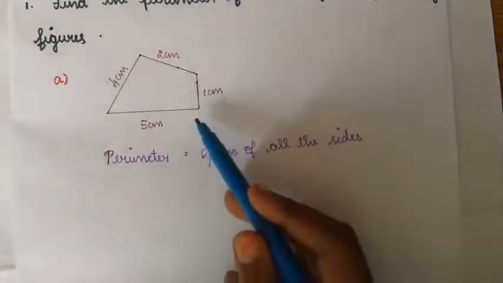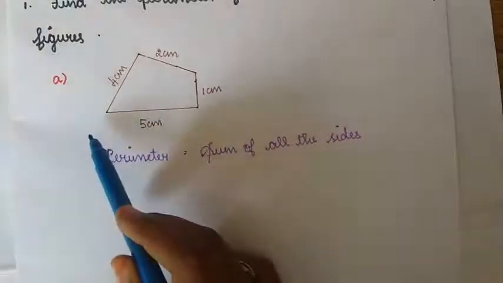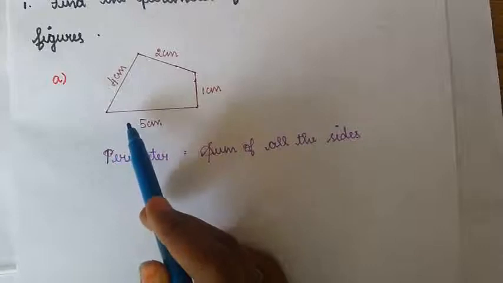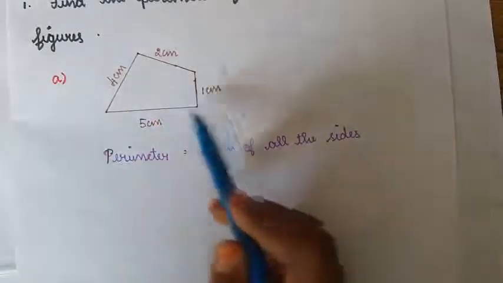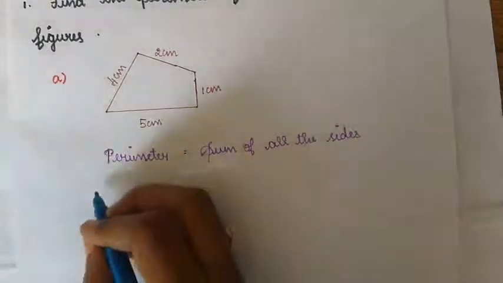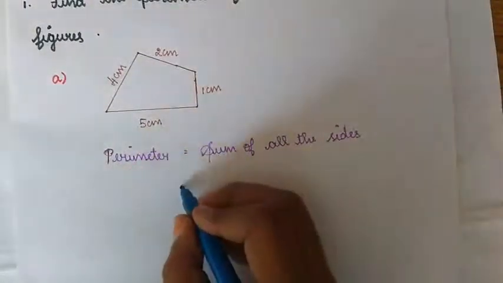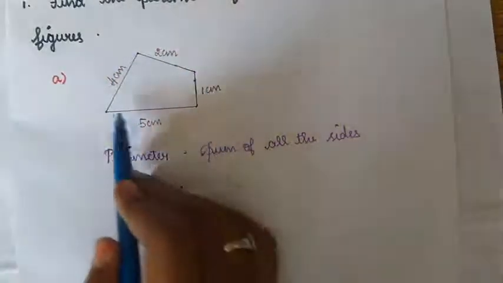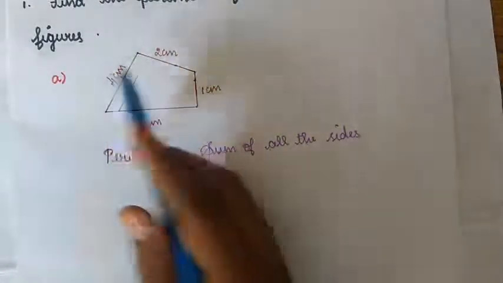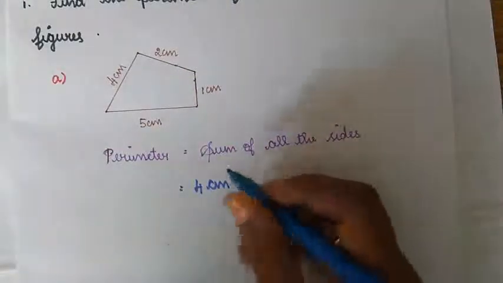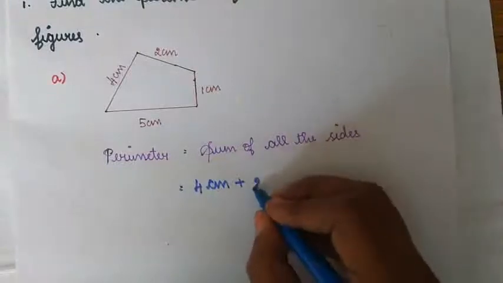So it is a quadrilateral because it has 4 sides and the 4 sides are not equal. So we have to find the perimeter of the quadrilateral. We have to add the sum of all the lengths. First one is 4 centimeter and 2 centimeter.